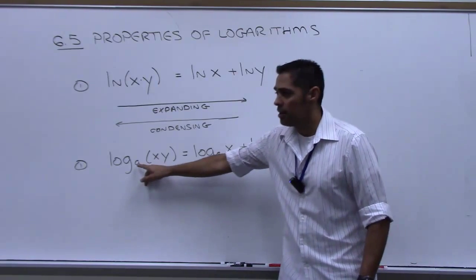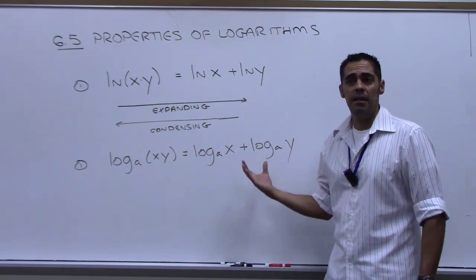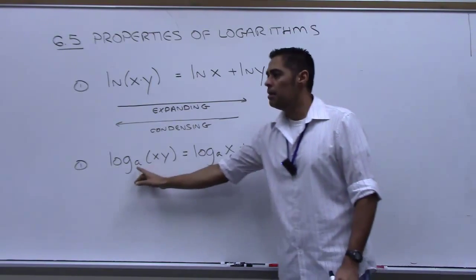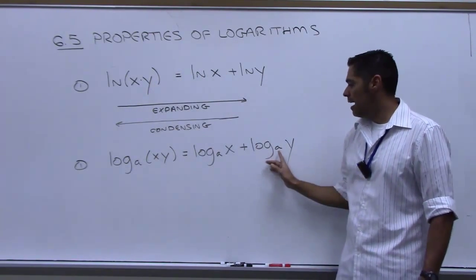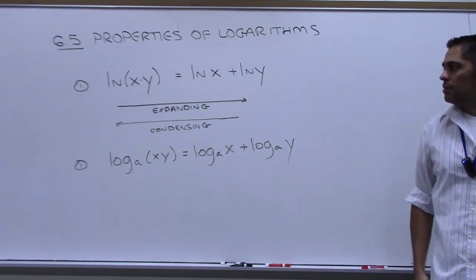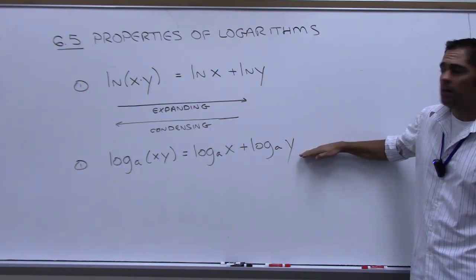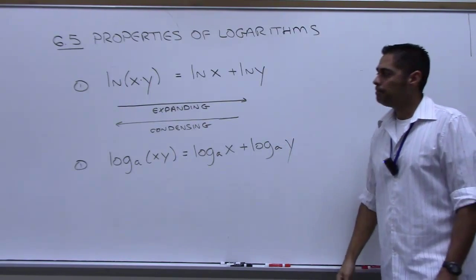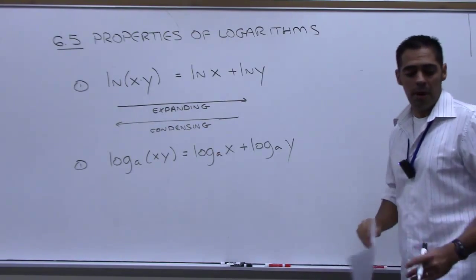If you replace A here with E, it's this formula, isn't it? Replace this A with E, and you have this formula. If you replace this A with 10, it would also still work, right? So this is the more general form of the formula. This is the specific case where we're using the natural log. All right, so that's property 1.